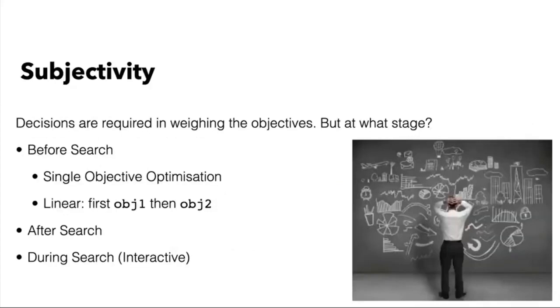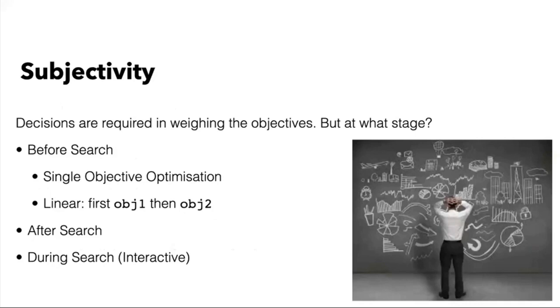But just before I define what a Pareto front is, you notice I used the word subjectivity a few times so far. And that's on purpose. I was dripping it into your mind that as an analyst, I try my best to be as objective as possible in every step along the way of my process. But I have to be, at the end of the day, humble and identify where I make subjective decisions.